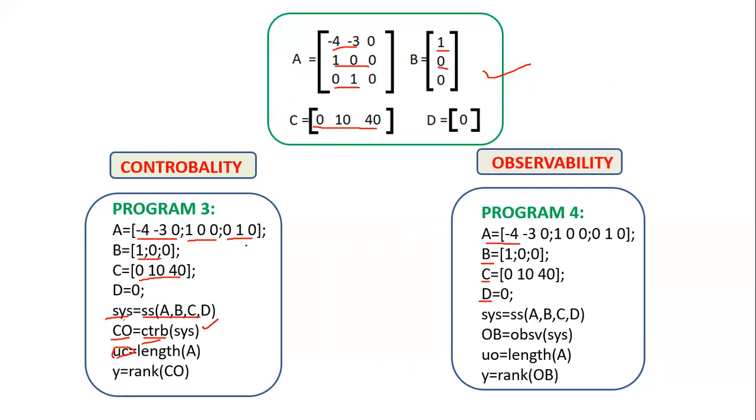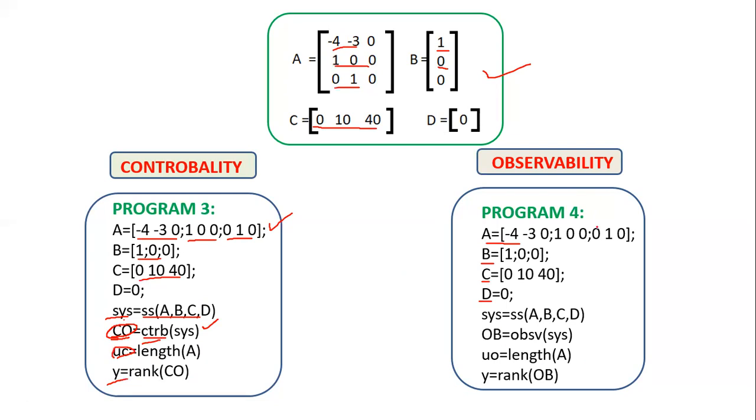Length of A matrix. And then Y is equal to rank of this controllable matrix. If this rank and length are the same, then we call it a controllable system. Previously in theoretical calculations we checked the determinant, and in the programming part, here we are checking the rank.